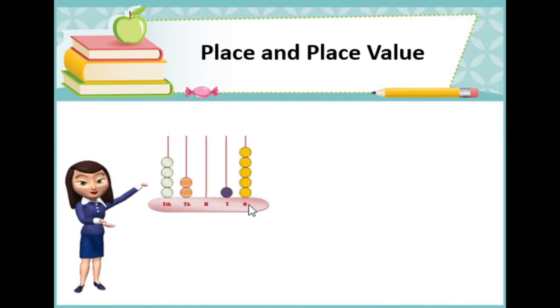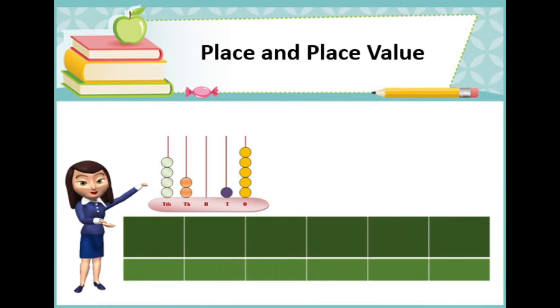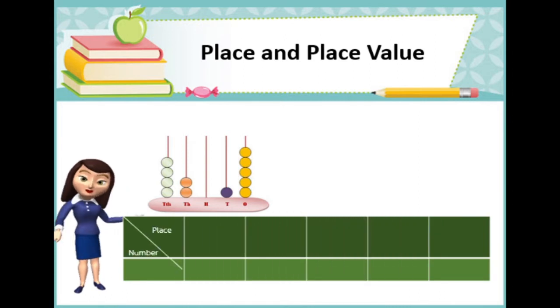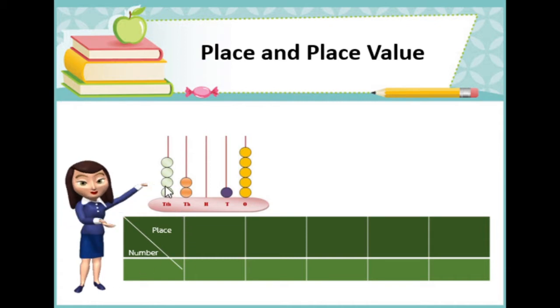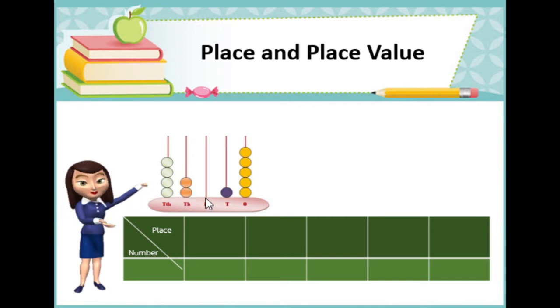Looking at this 5-sticked abacus, we write number, place. How many? 1, 2, 3, 4. We have 4. We have 2. We have 0. We have 1.